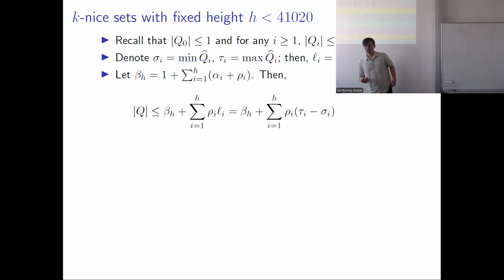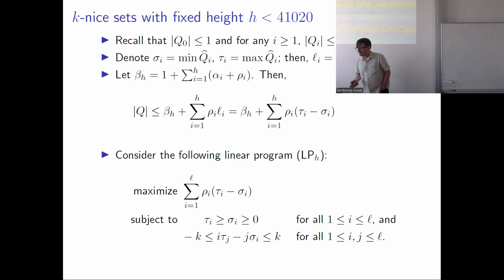What is the reason for rewriting the Li's in terms of differences? Basically, I would like to find an upper bound for this quantity. Note that in principle this quantity depends on H and on K. That's why in the formulation of this linear program I also have K, which exists in the crossing condition.